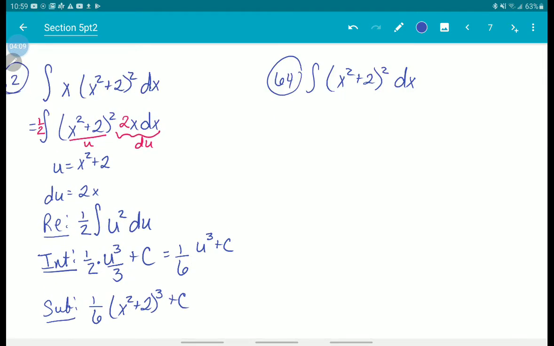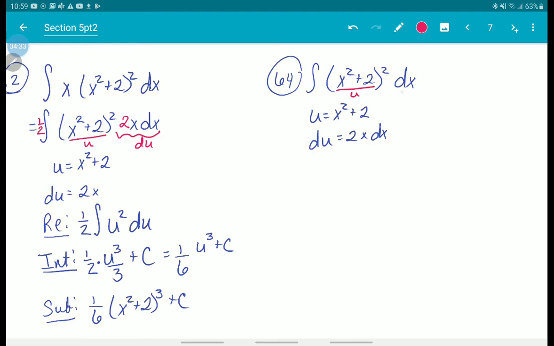But if we compare that to 64, notice the difference between these two problems is that you're missing the x here. Okay, well, that's kind of a big deal. If we started the same way, saying, well, what if u is x squared plus 2? Then du would be 2x dx.